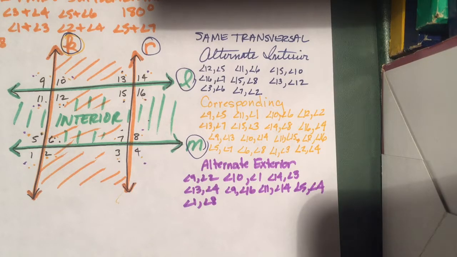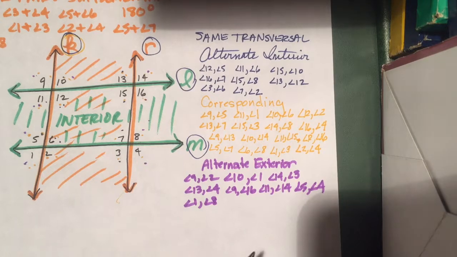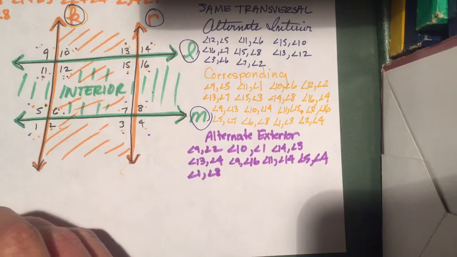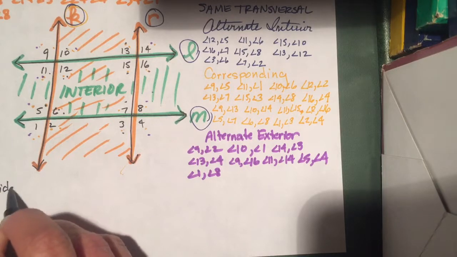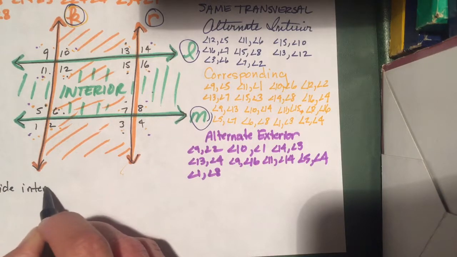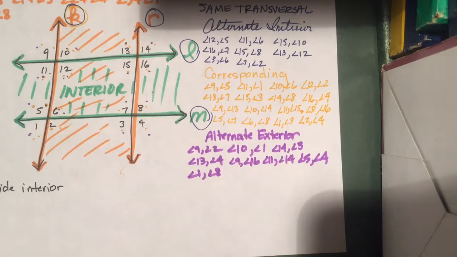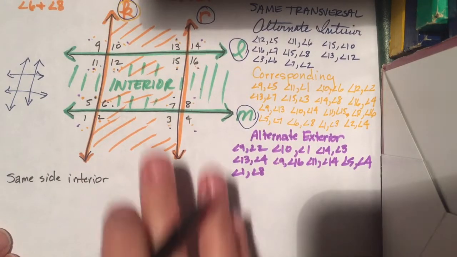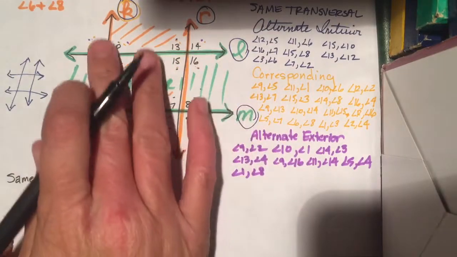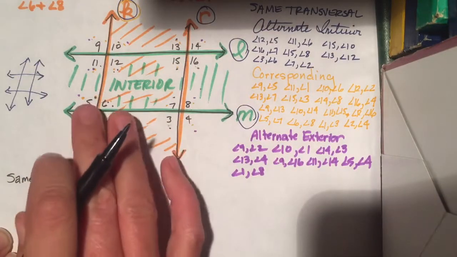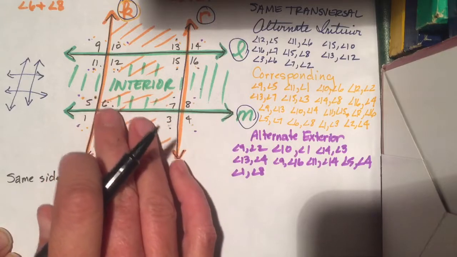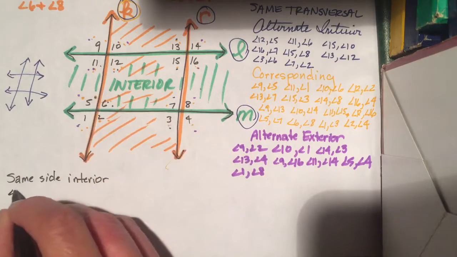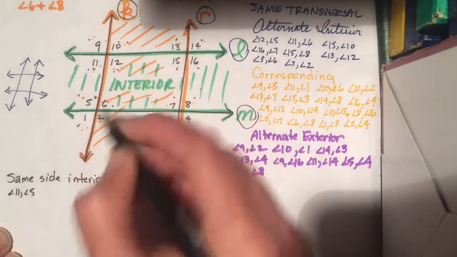Now, let's look at some of the same sides. Now we're going to do same side interior. It depends on which picture I'm looking at. Let's look at the green pair first with the oranges as the transversals. With the green pair, my same side interiors would be 11 and 5, 12 and 6.